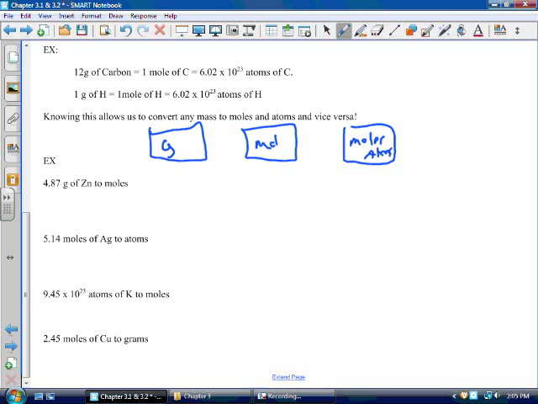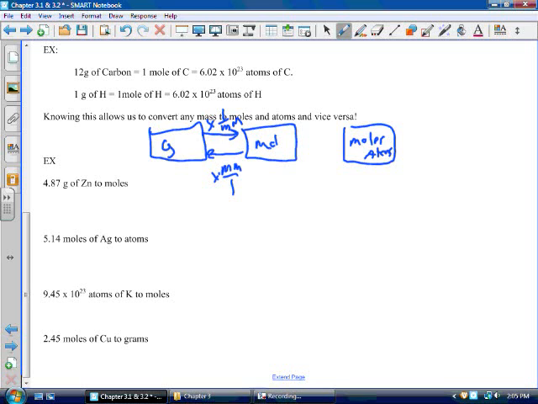What this diagram represents is how you get from one thing to another. If you have grams and you're going to moles, you're going to multiply by 1 over the molar mass. Vice versa, if you have moles and you're going to grams, you're going to multiply by molar mass over 1. Again, remember, molar mass is simply the number in the periodic table.